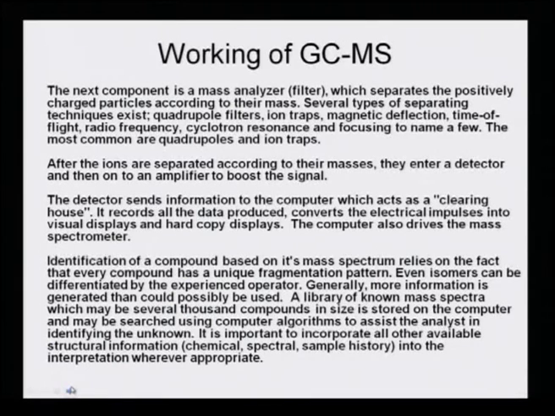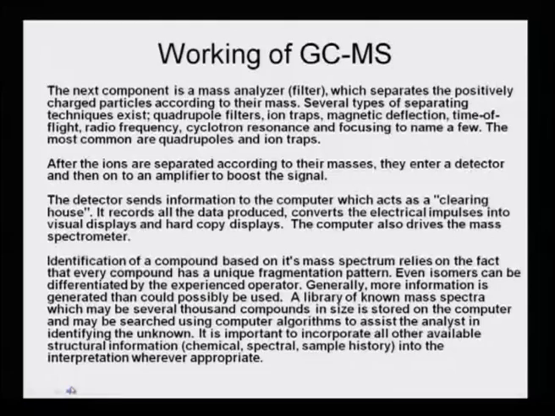The next component in the mass detector is the mass analyzer or the filter, which separates the positively charged particles according to their masses. As the name suggests, it is a mass analyzer. That means the smaller fragments will reach faster, the medium fragments will come a little later, and the highest fragments will come much later.